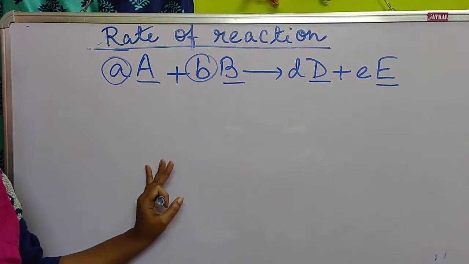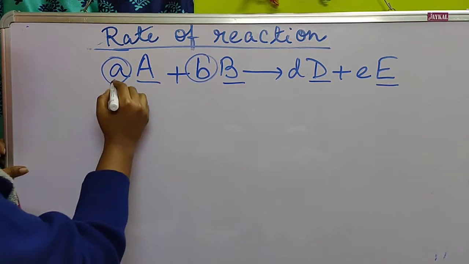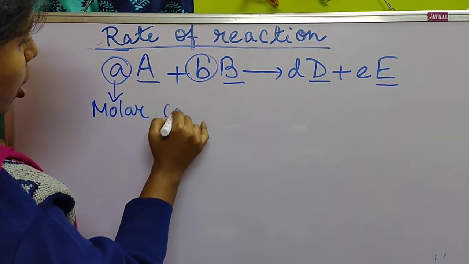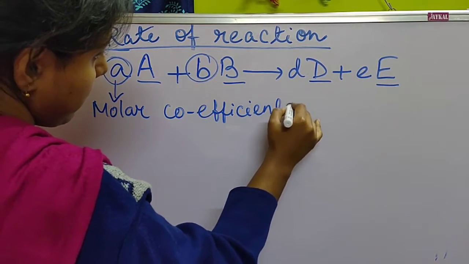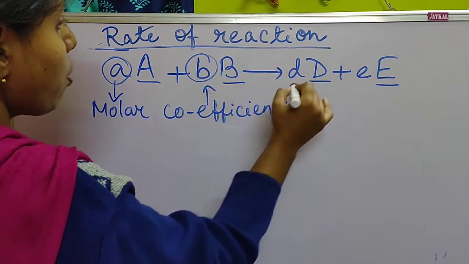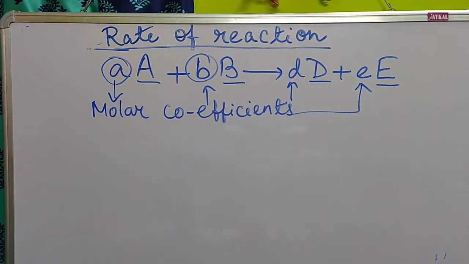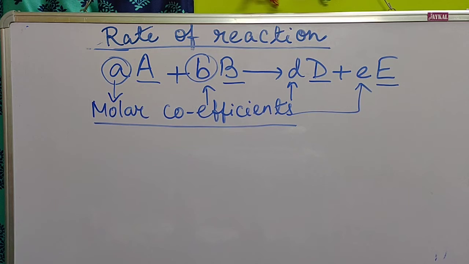We can also denote them as molar coefficients. These are called molar coefficients of the reactants and the products. They have a very important part in the expression of the rate of the reaction.